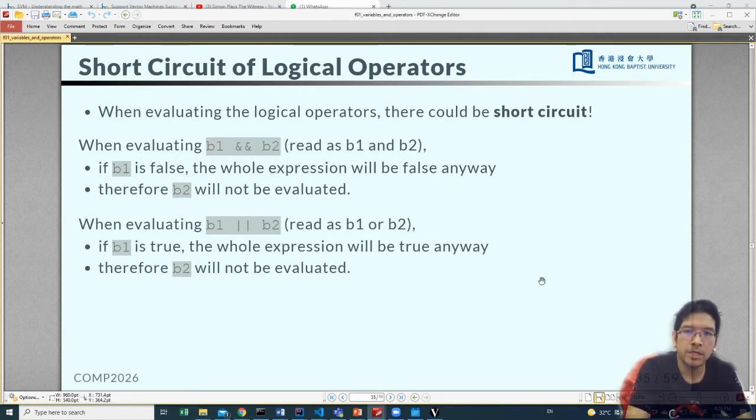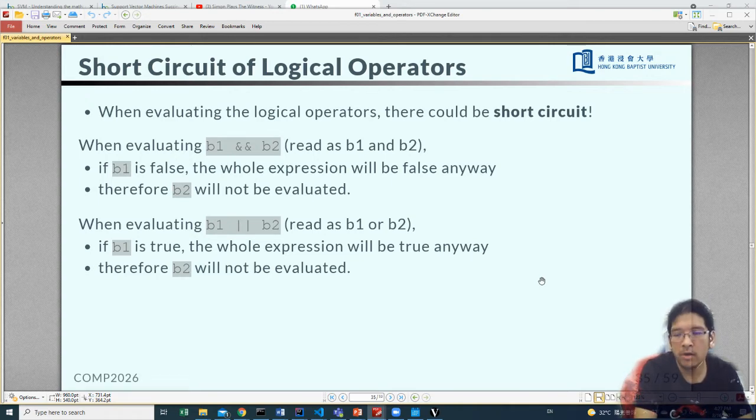In this case, the Java language will skip the evaluation of B2, so B2 will not be evaluated. We call this a short circuit, because B2 is short-circuited and will not be executed.